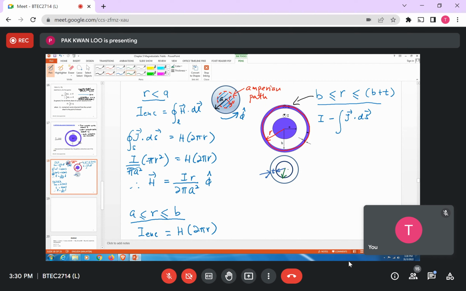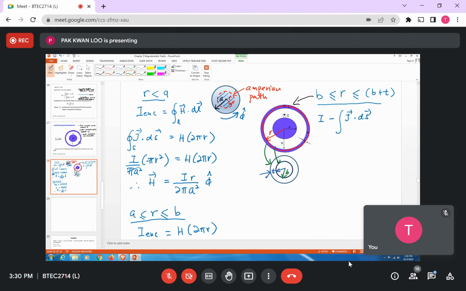So this is B. I'm just drawing the outer one now. This is a thickness T, as illustrated in the figure.